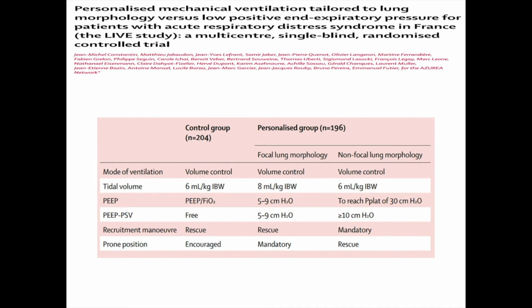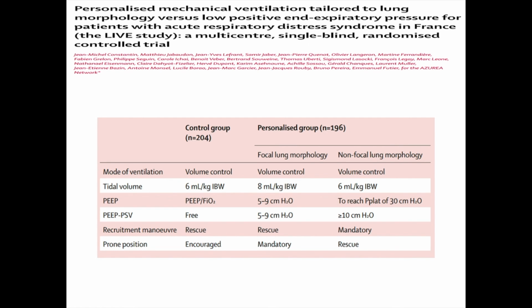So we come back to the trial, that is the LIVE study, the personalized mechanical ventilation tailored to lung morphology versus low positive end expiratory pressure. Here the patients were divided into two groups, a control group which received standard treatment, and a personalized group. In this they tried to find whether the lung injury was focal or non-focal. If the patient had a focal lung injury, they gave higher tidal volumes and a PEEP of 5 to 9.